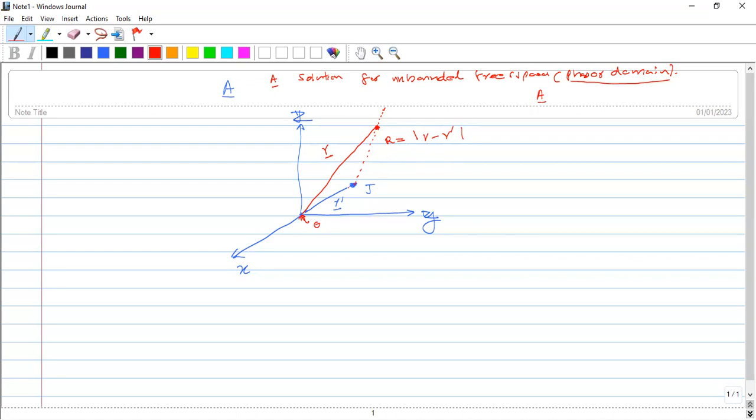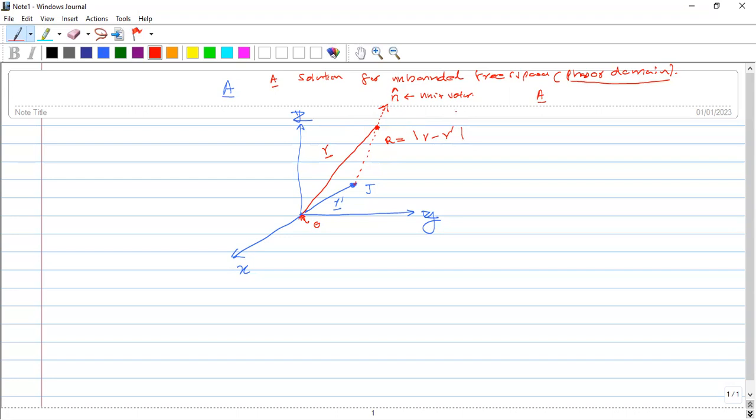So this is the magnitude of R, and the direction we define as N hat, which is the unit vector. Along this direction the unit vector is N hat.